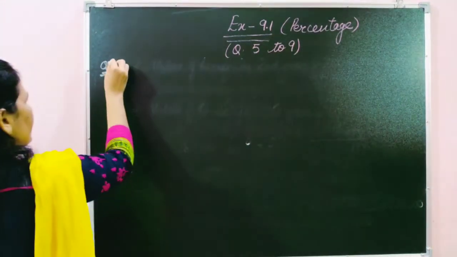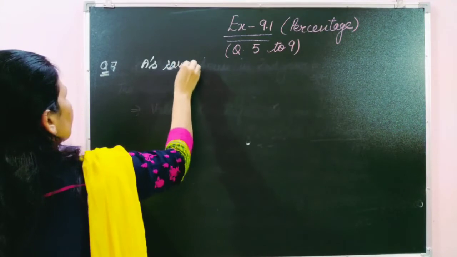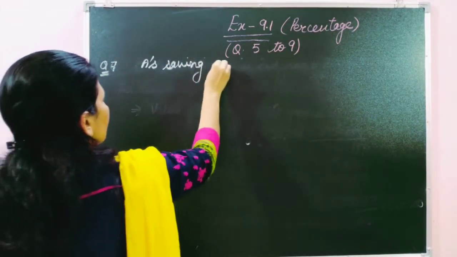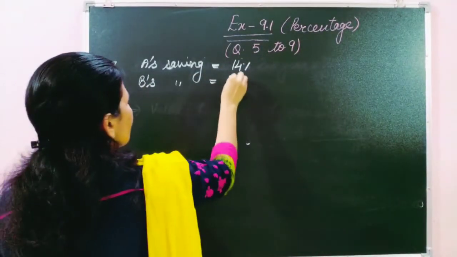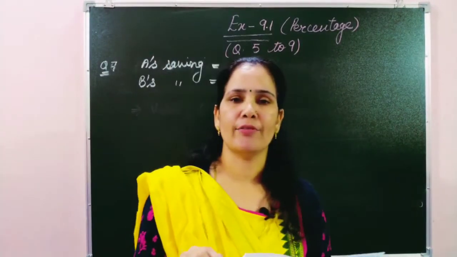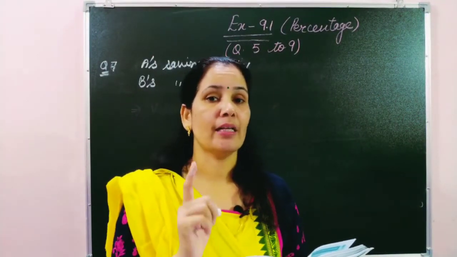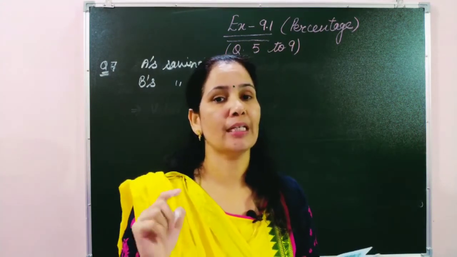So here we will write in question number 7, A is saving 14%, and B is saving 22%. This is the one thing. The second thing they have given, A's salary is equal to B's salary. That means the salary of A and B is the same.